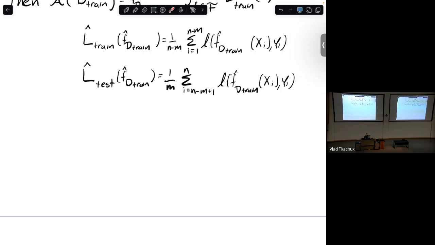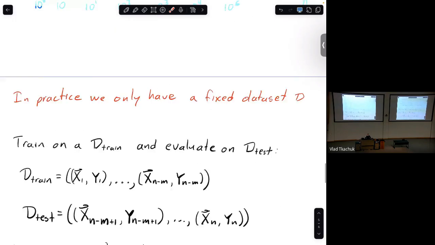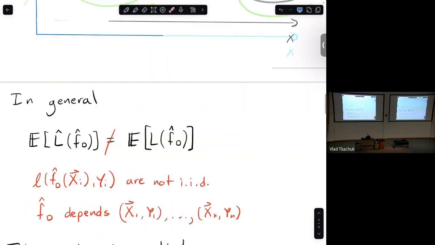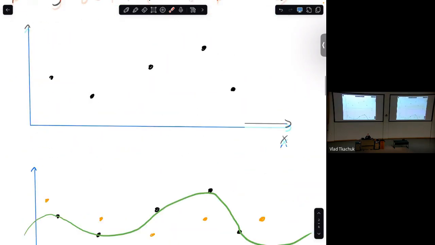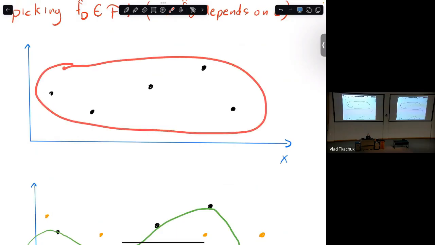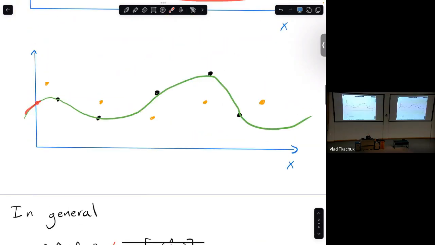Okay. Visually, you should think of this as the following process that we wanted to do before. You gather your original data set. This is your D-train. You fit the data using gradient descent or whatever. This will have very small empirical risk. There's like no error.